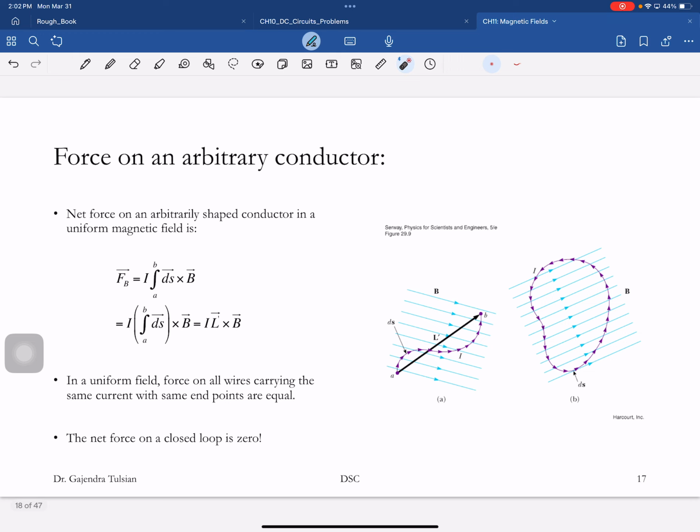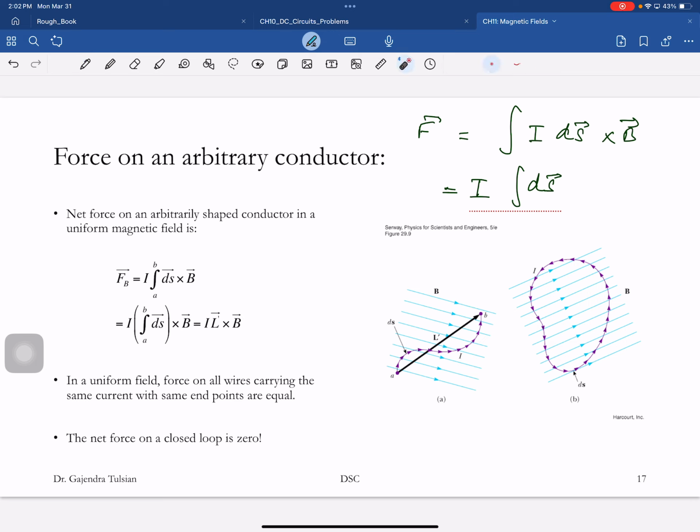We're going to do that. Let's say the wire is like this. We're going to place it in a uniform field. The total force on this piece of wire is the integral of I ds cross B. B is constant, so that can come out. The current is constant too.